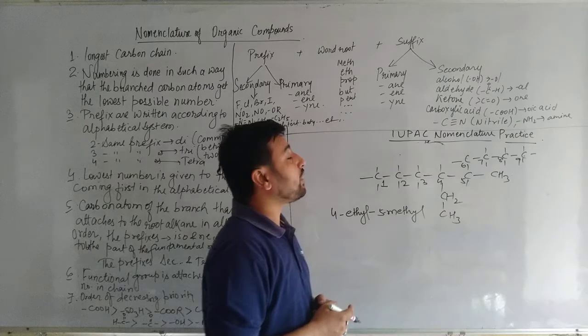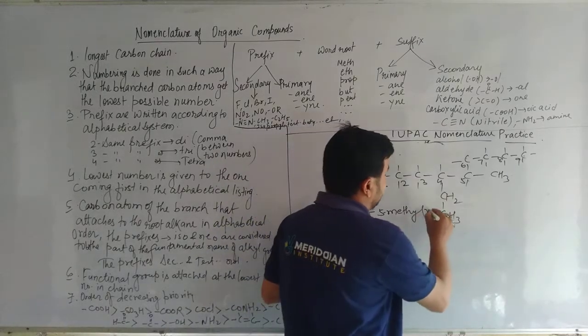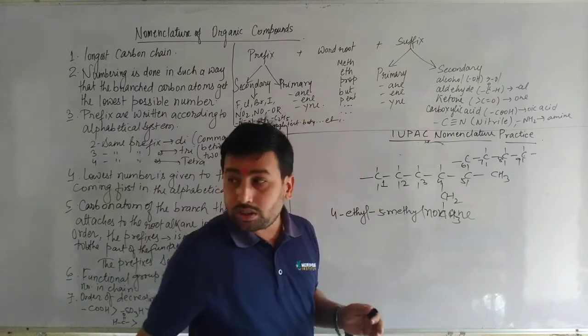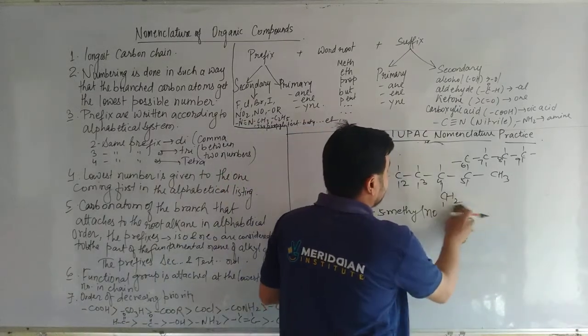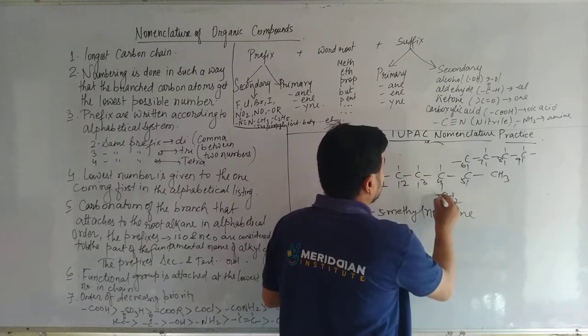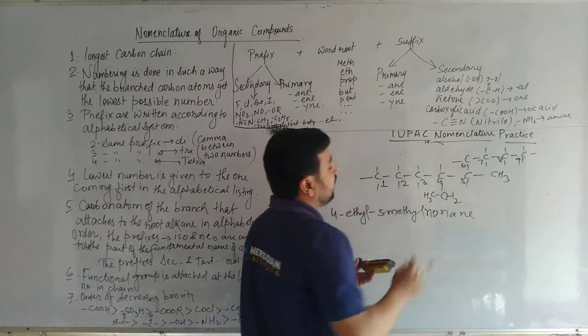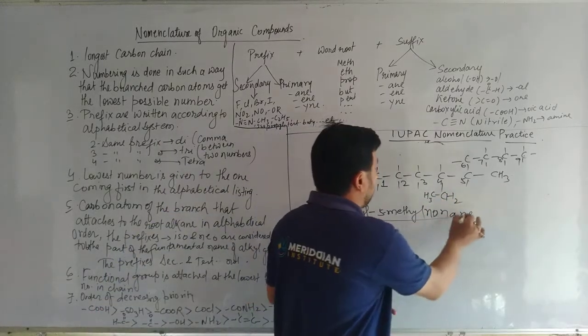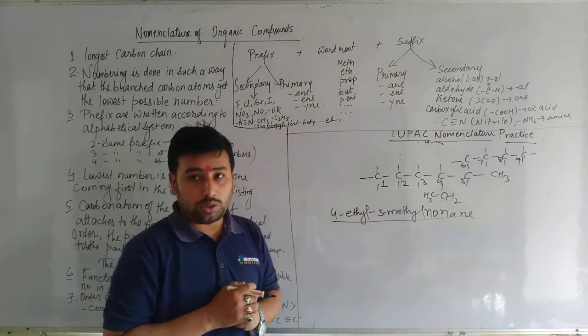So 9 carbon alkane is known as nonane. Just suppose here I am putting this CH3 on this side. Here I have put that CH3 downward. So in total you have seen here that it became 4-ethyl, 5-methyl nonane.